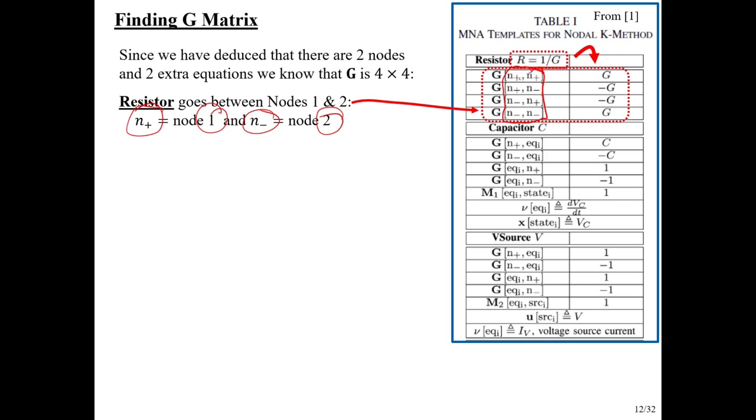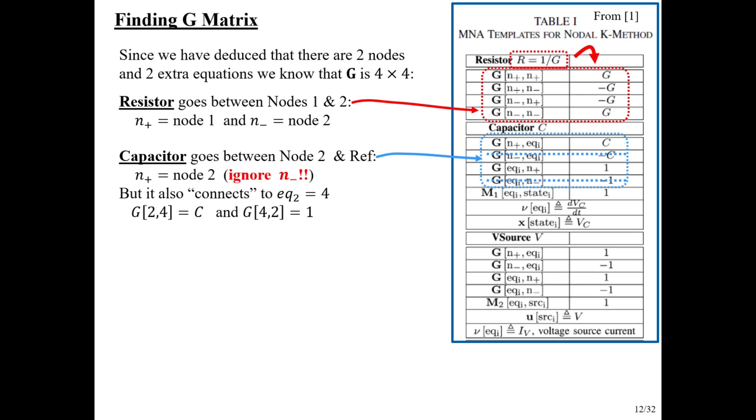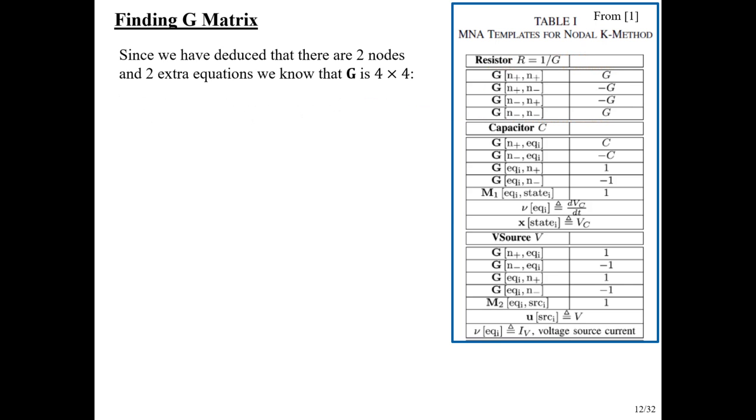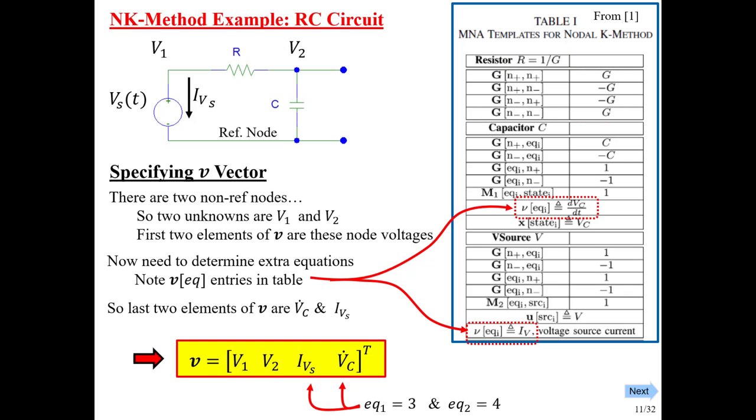So now we can figure out where those things are going to go. So the capacitor, well, it exists in the circuit between node 2 and the reference. So node 2, again, passive sign convention, just like you would normally do when populating your G. In regular nodal analysis, this would be our positive, this would be our negative. But here the negative is the reference node.